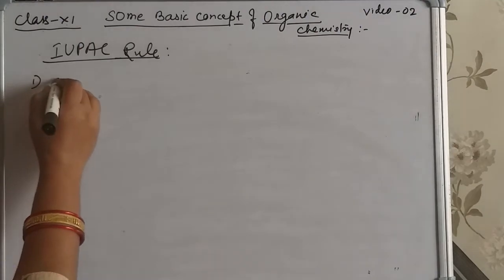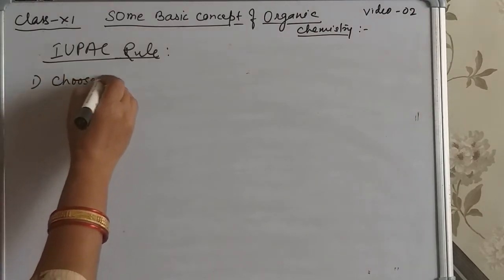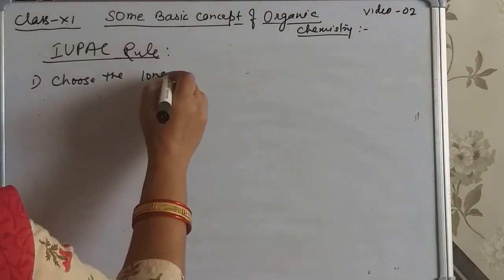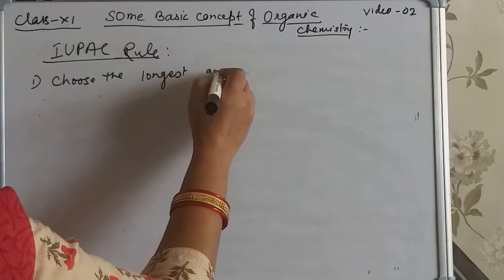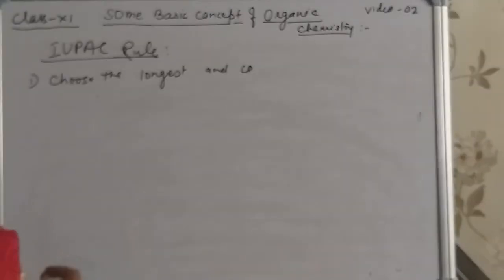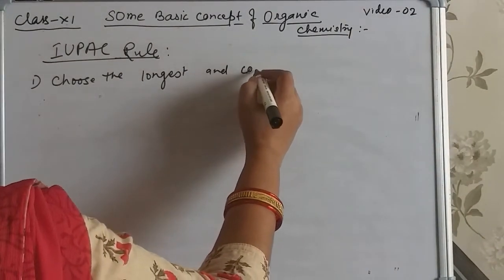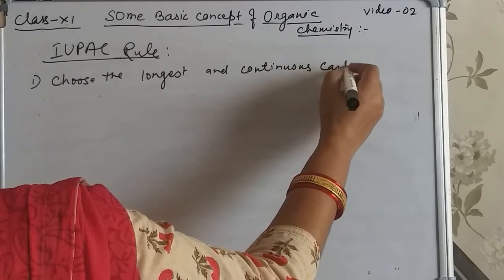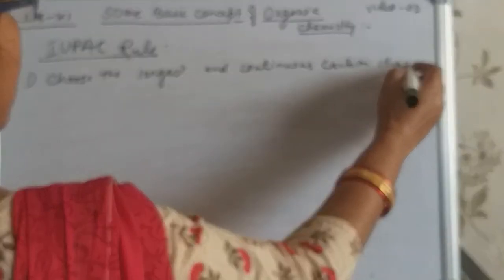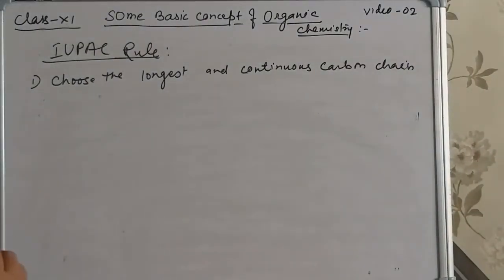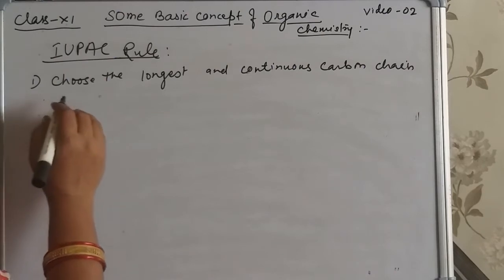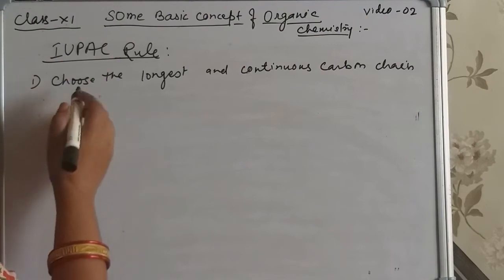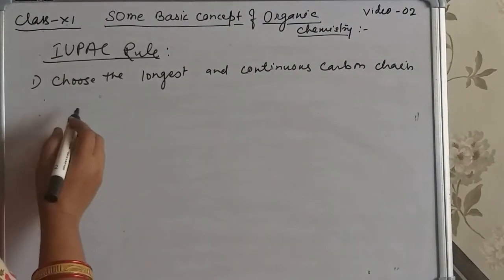First IUPAC rule: choose the longest and continuous carbon chain, which is called the parent chain. At first we select the parent chain in a given formula. Parent chain means longest and continuous carbon chain.